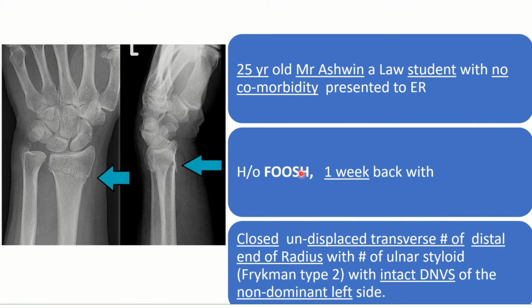So as I said in the previous slide, in case of upper limb you have to speak about the dominant side. This is the left side, and this would probably be a non-dominant side for Mr. Ashwin, so you have to speak about that. The things that we missed here were that we didn't speak about the date.